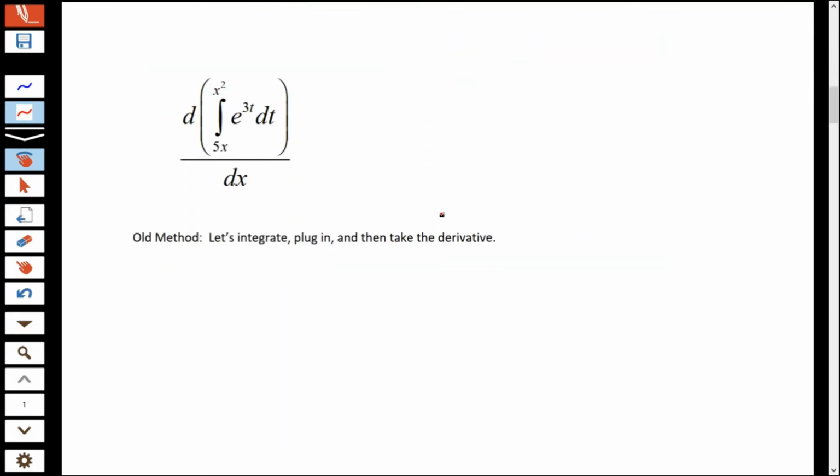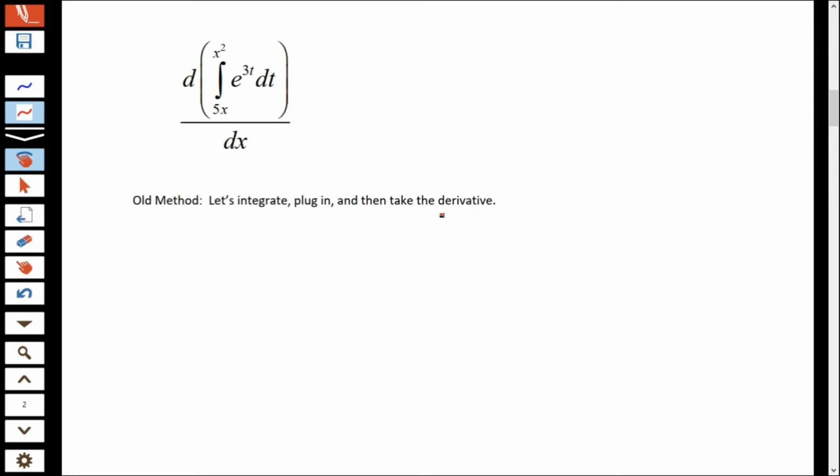So let's take an example where we can actually take the integral of this. I know how to do the integral from 5x to x squared of e to the 3t dt. Well, this is a u substitution problem, where you would have u being 3t, and then you'd take du, which would be 3 times dt, and then fudge the 3.